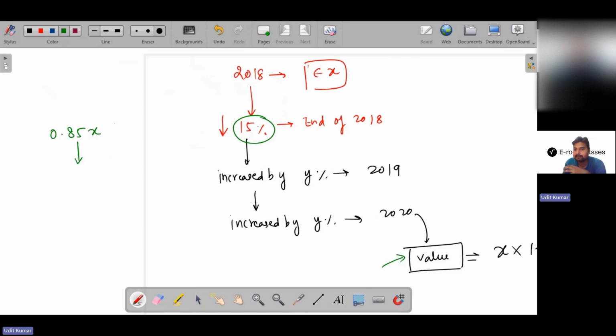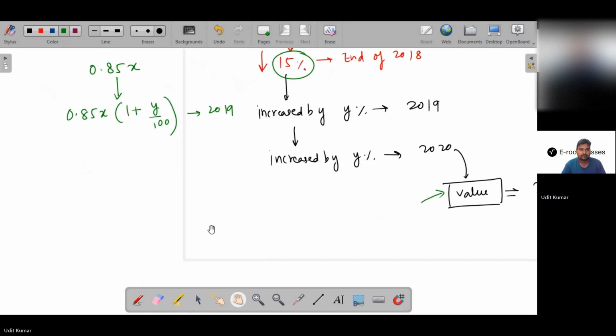So increased by Y% means 0.85x times 1 plus y by 100, or you could have written it as Y% also, but percent is 1 by 100, so I'm writing it like this. This is the value by the end of 2019.